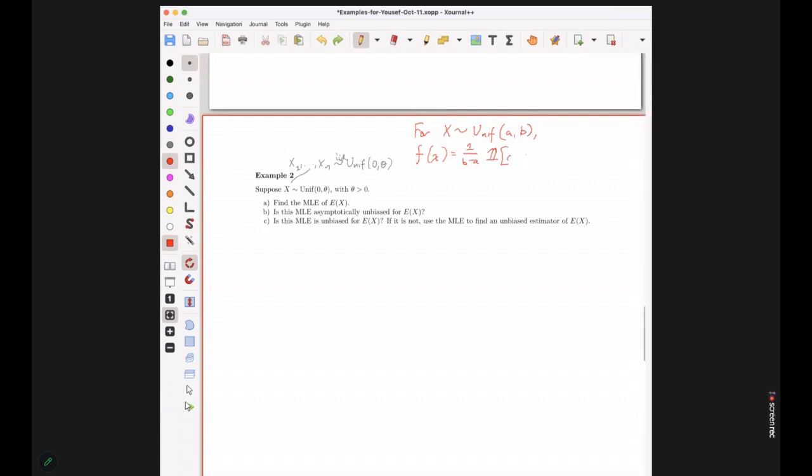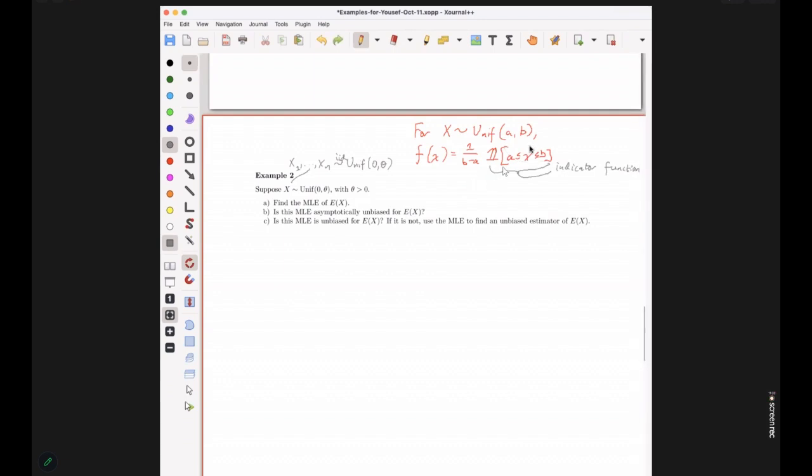So what I'm writing here is an indicator function, which is telling us that its value is going to be 1 whenever this is true.